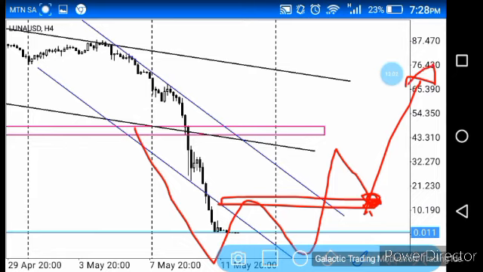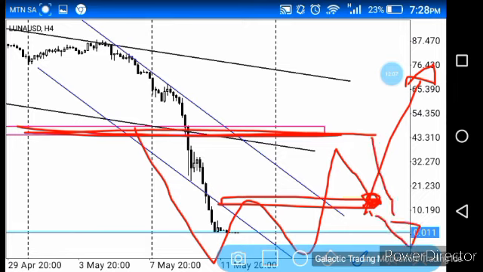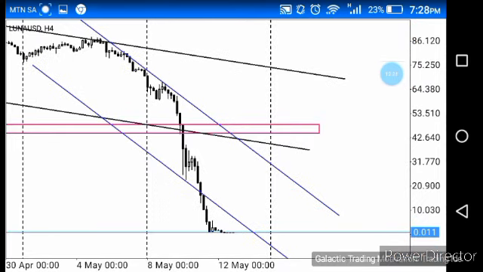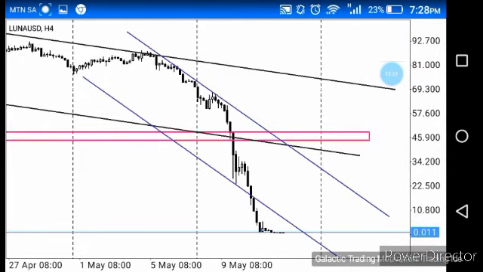Price may actually come back to this neckline that we spoke about earlier, and then actually bounce back. However, should price close above this zone, my expectation is that it should continue going up. That is my analysis as far as Luna is concerned.